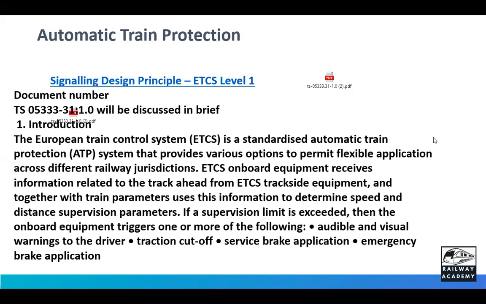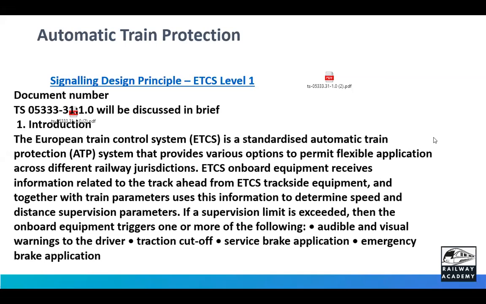And here you will have what is called the LEU, line side electronic unit, which will convert the analog information coming from the movement authority, either the red signal or a buffer stop or a speed board, into message form and feed it to the balises on the track kept at distances.